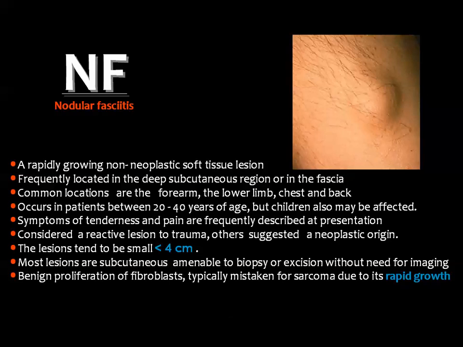Starting first with nodular fasciitis, this is a rapidly growing non-neoplastic soft tissue lesion, which is frequently seen in the deep subcutaneous region or in the fascia, and it may be mistaken for sarcoma because of its rapid growth. The common sites include the forearm, lower limb, chest, and back, and the age incidence is between 20 and 40 years.